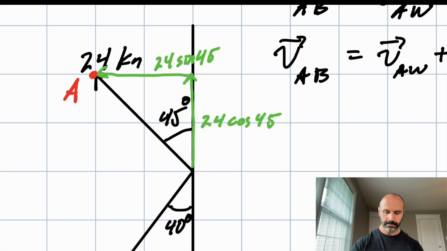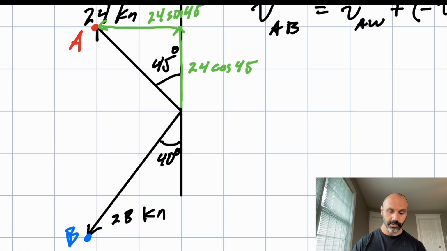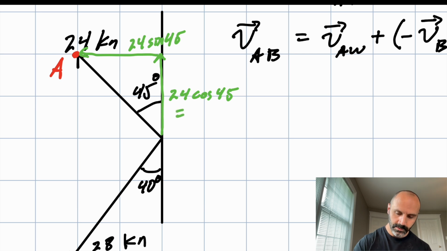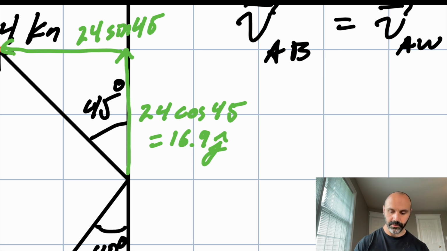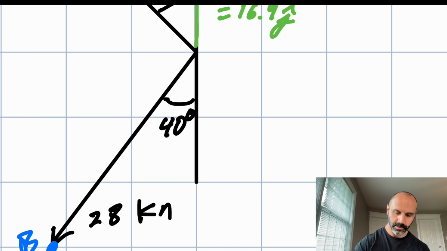If you want to use what you remember from the unit circle, that's great, but you can't do that for 40 degrees. This turns out to be, zoom in a little bit here, 16.9 J, and it's the same for the other. Okay, because it's 45 degrees, so it's the same for both.